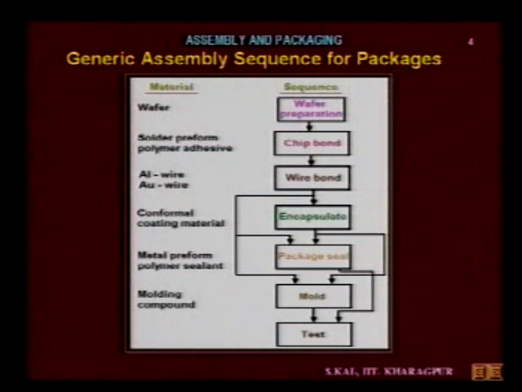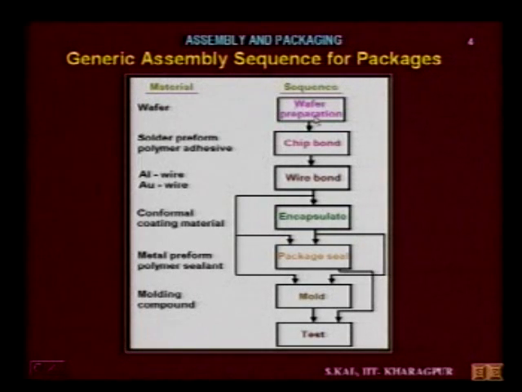Now, I'll concentrate on the generic assembly sequence for packages. What is the sequence we have to follow for packaging VLSI chips? The wafer preparation starts with the back grinding process at the end of the wafer fabrication process.